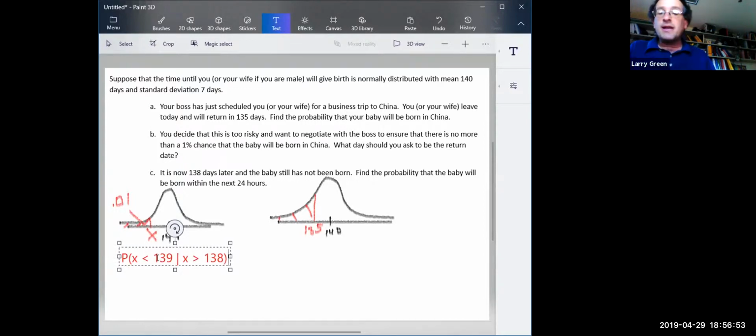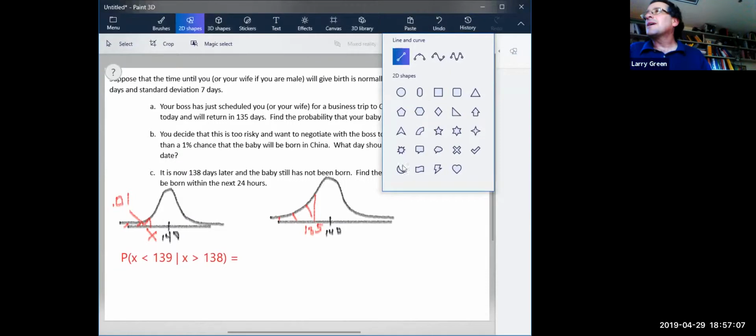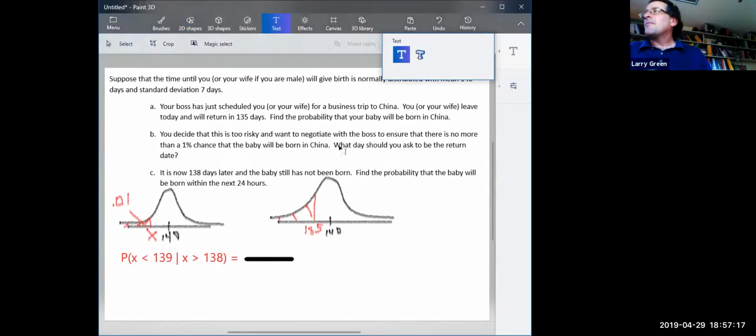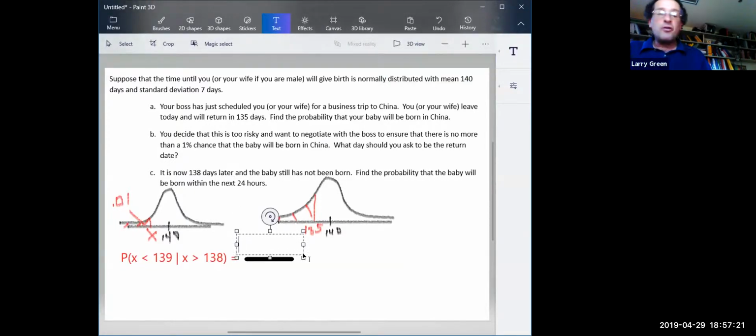So now you got to remember the chapter 3 formula. And whether you remember or not, I'm going to write it. It's a fraction. So that's the probability that both happen.